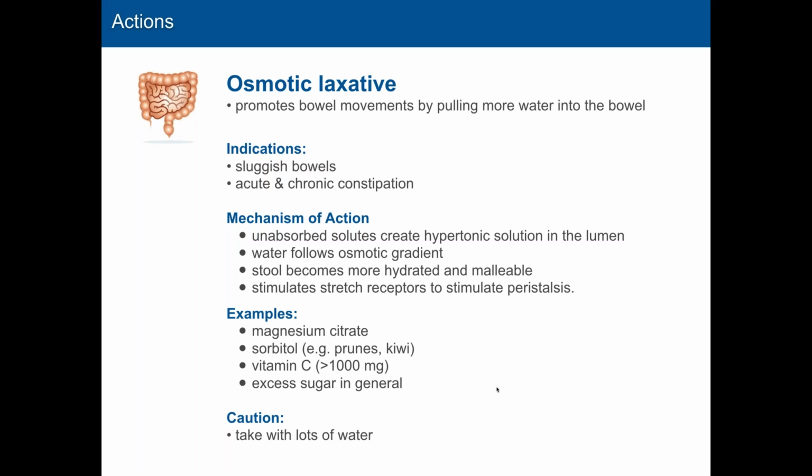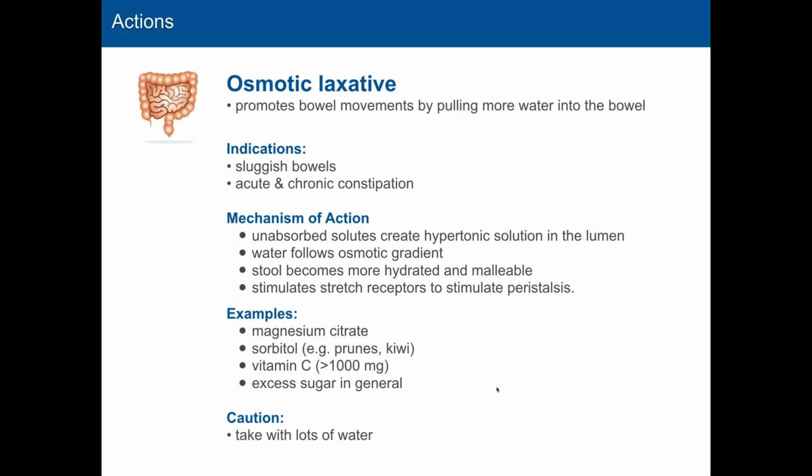I'm sure if you guys have ever taken chemistry, and you should have, you know about osmosis and how it works. So if you have certain types of salts or things dissolved in water or blood or wherever it is, it can create an osmotic gradient that can pull water into that area.